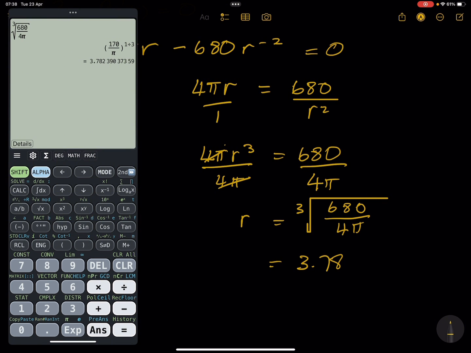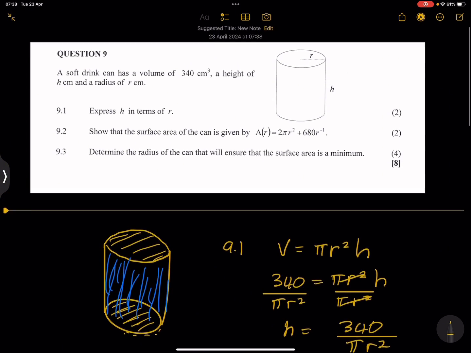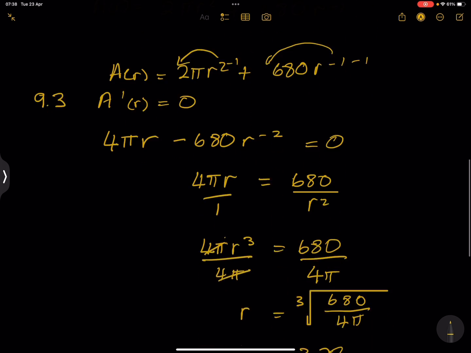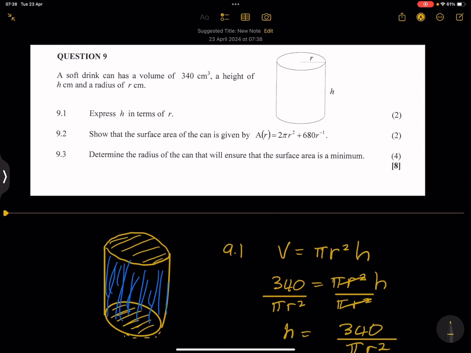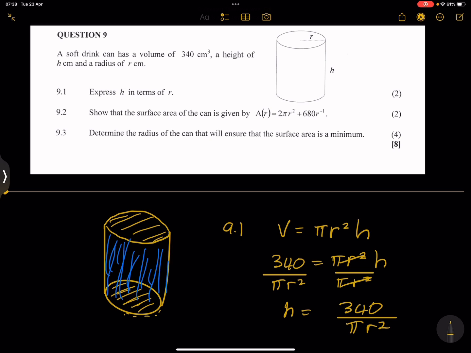Remember this was in centimeters, so I'm going to give that answer in centimeters, and that would be the value of r. And ladies and gents, that is what we do when we are optimizing. Just take the derivative, make it equal to 0. And that is where we leave this question as we do the last question.